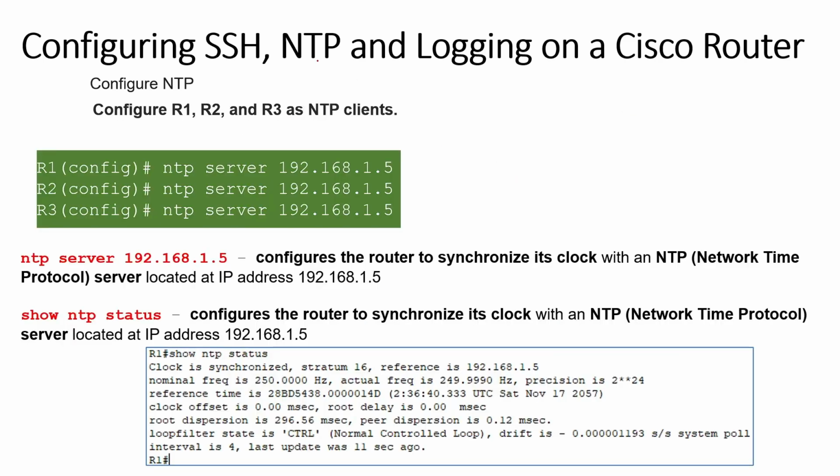Next, we configure R1, R2, and R3 as NTP clients. So we need to configure router 1, router 2, and router 3 to connect to an NTP server which has an IP address of 192.168.1.5.